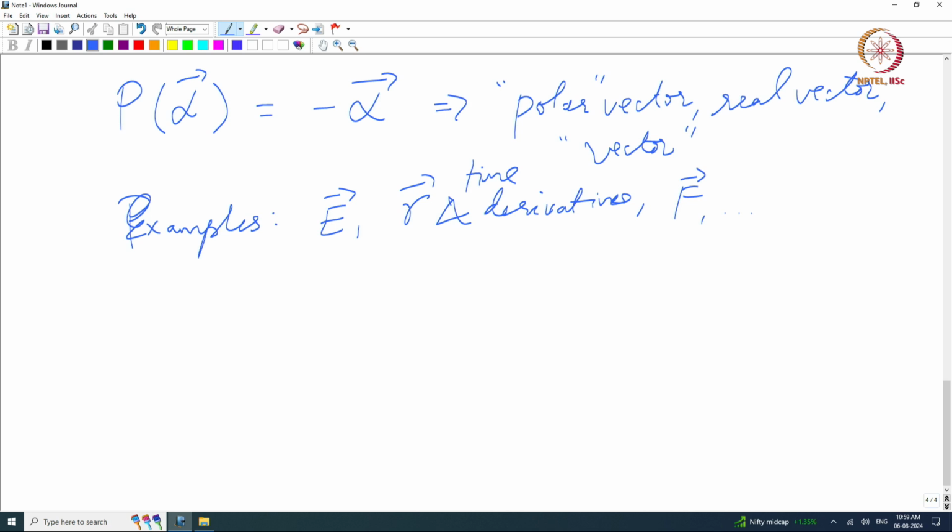Okay, so from here there is a way to see that the existence of the other vector, which does not flip sign, is inevitable. How? Because imagine I had two vectors, two real vectors, alpha and beta.